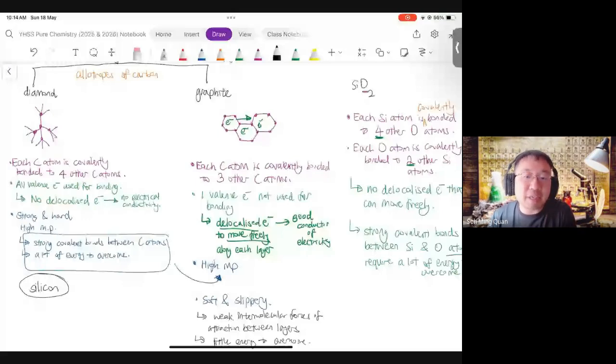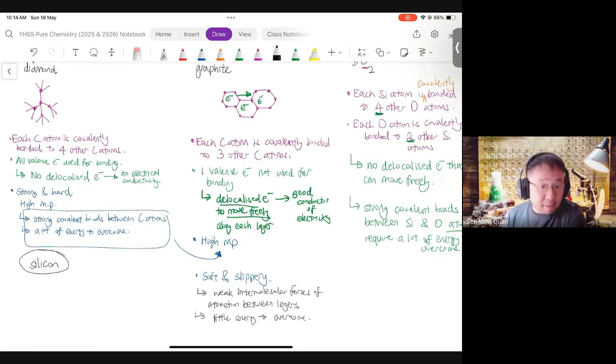It has a diamond-like structure, meaning each silicon atom is covalently bonded to four other silicon atoms. All the valence electrons are used for bonding. There's no delocalized electrons. Hence, silicon does not conduct electricity at room temperature unless you provide more energy. Okay? So besides silicon, what else is similar to diamond?